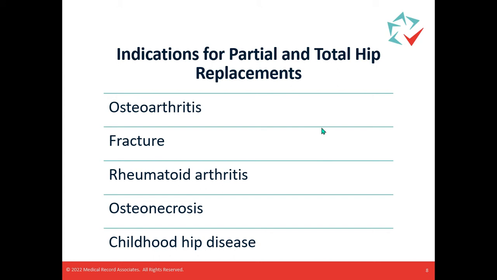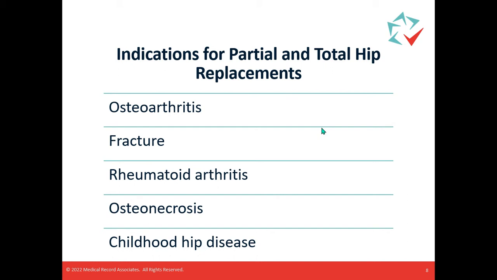Some indications for hip replacements include osteoarthritis, which is the degenerative wear and tear on the joint that occurs over time. And this often results in a complete loss of cartilage and creates a painful bone-on-bone type of situation. Fractures, of course.